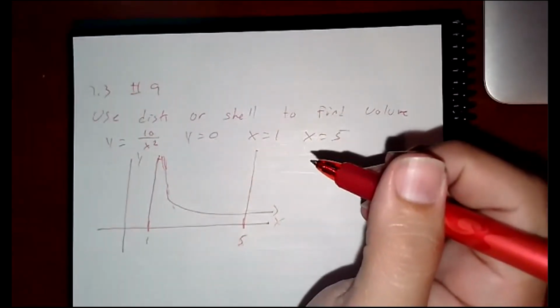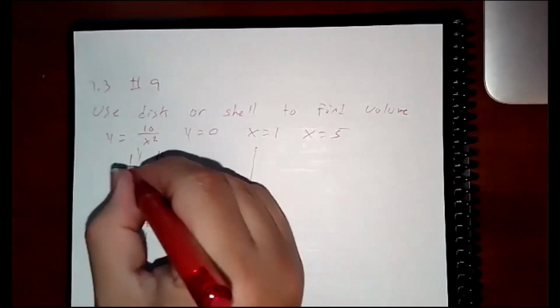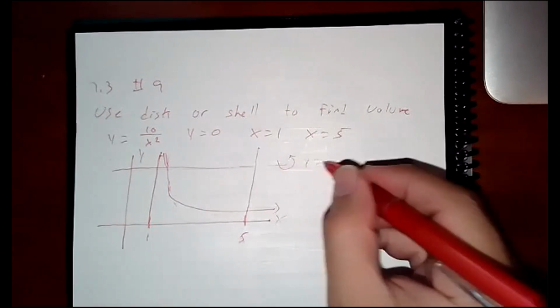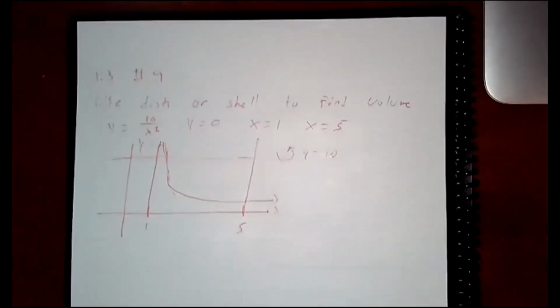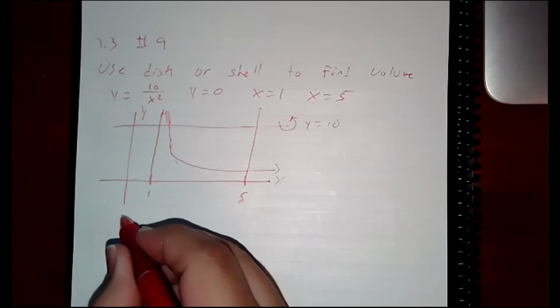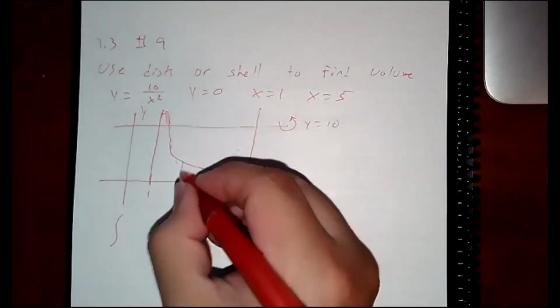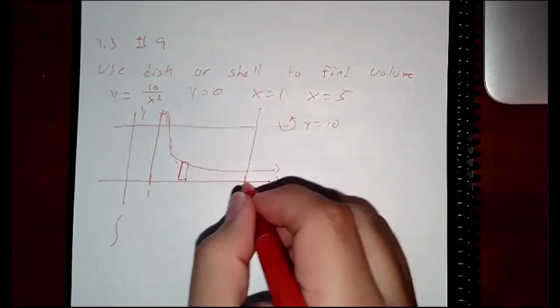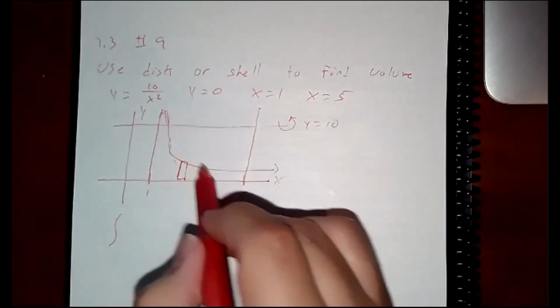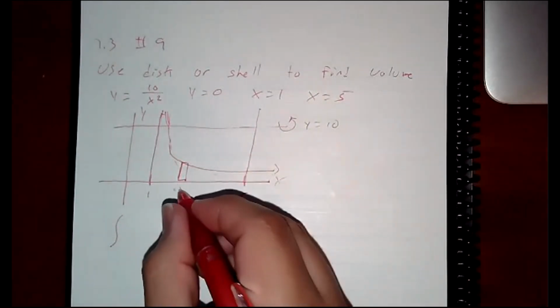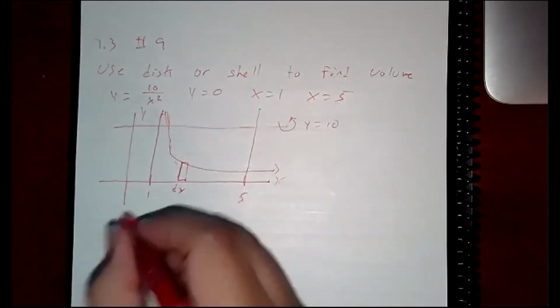Y equals 10, yeah. Okay, so let's say 10's out here somewhere. It's not pretty, but you guys see the picture, right? Yes. So if I slice this way, which I think is a good idea, I'm gonna hit both graphs one time. The bottom region and the top is just the curves. It doesn't change to different curves or anything weird. So that would be dx, 1 to 5.